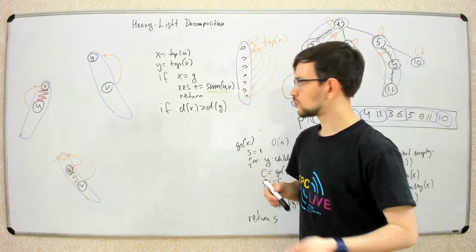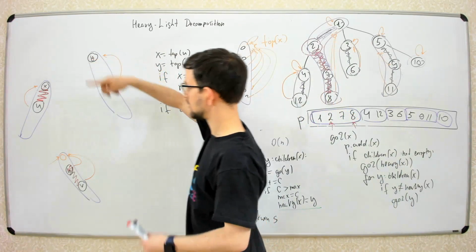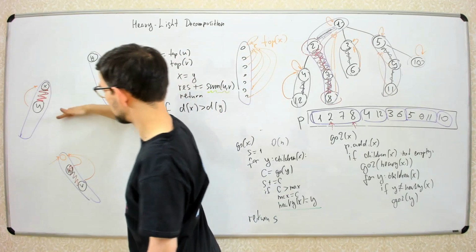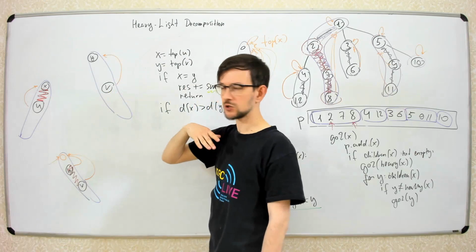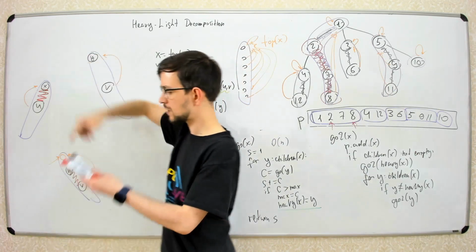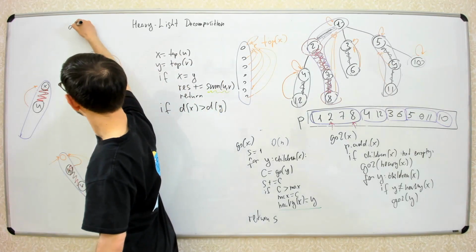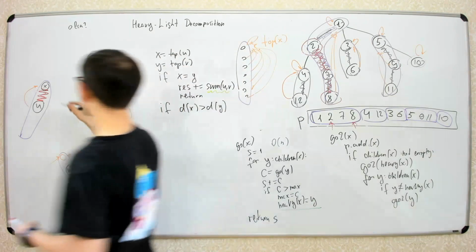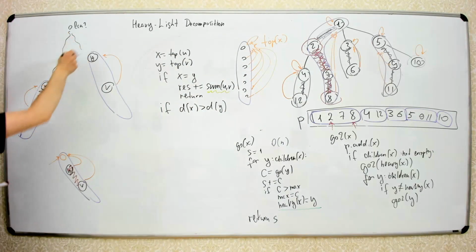Now, why is it true? Because if Y is above, it means all nodes from X and below are different. So if you take the path from V to LCA and from U to LCA, somewhere here is LCA. So your path consists of this path and this path.